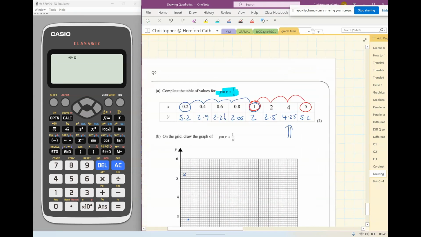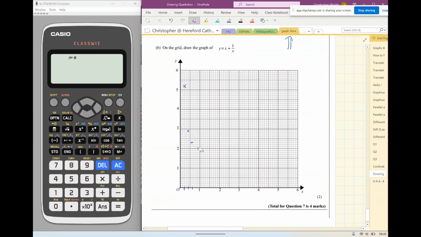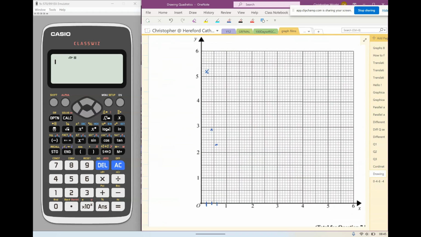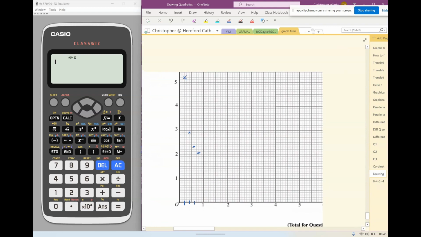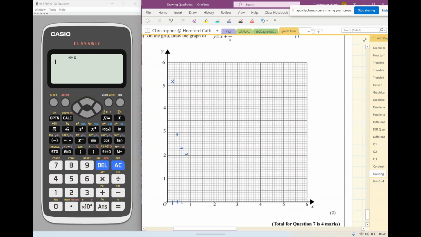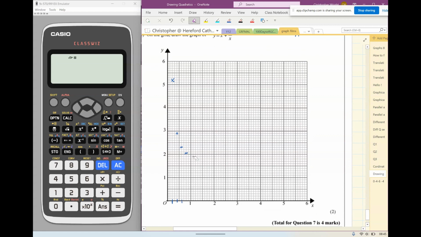Next. 0.8, 2.05. Right, 0.8. Now 2.05. So there's 2, and there's 2.1, just one square above. So I'm going to go half a square up there. And I would think that the examiners would expect you to plot that point pretty accurately. 1, 2, 1, 2. Even I can manage that one.